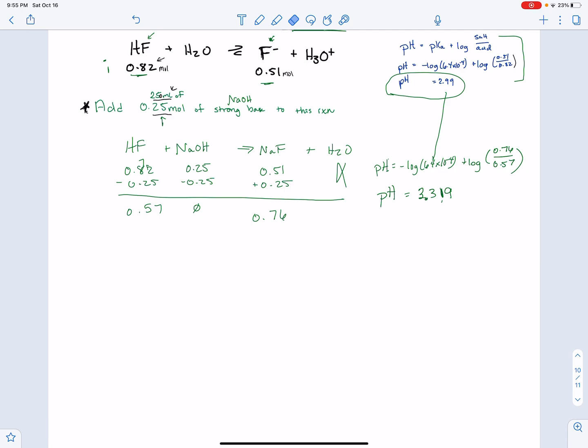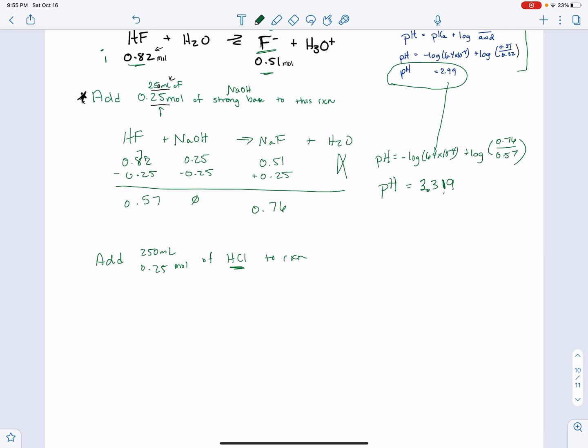So let's see what happens if we go the other way. Let's say instead of the strong base, we're going to add 250 milliliters of a strong acid to the reaction. This time the HCl is going to be interested in the F portion.